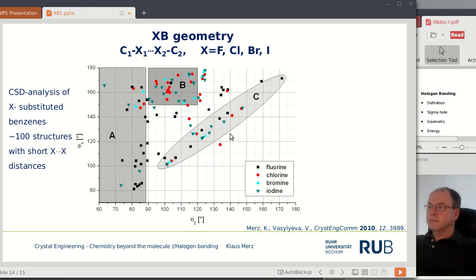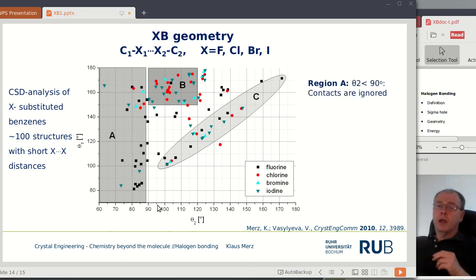A, B and C. In region A, the angle of theta 2 is below 90 degrees. This could not be addressed to type 1 or type 2, so we said, okay, we ignore this region. In region C, this is exactly what we predict in type 1.